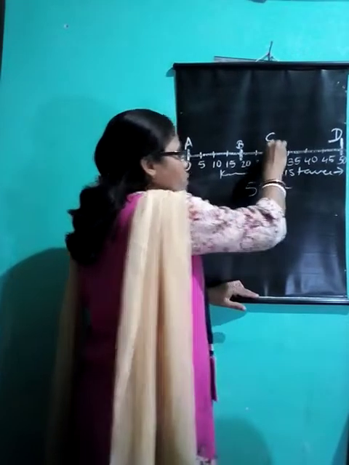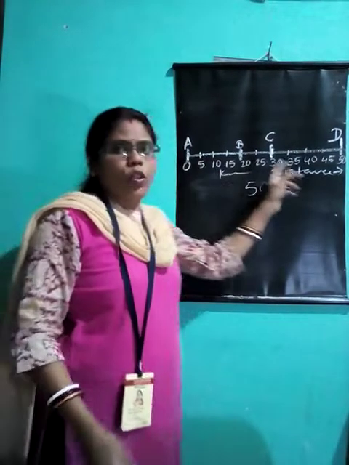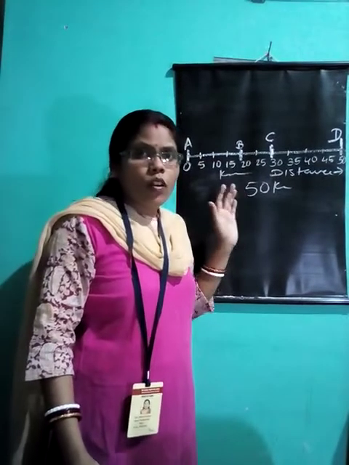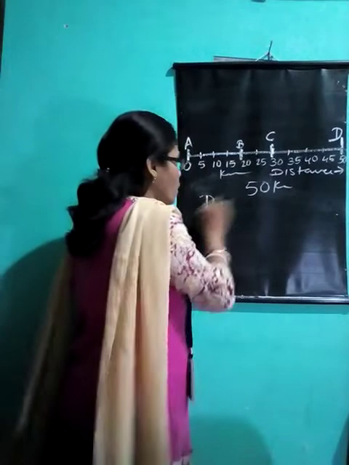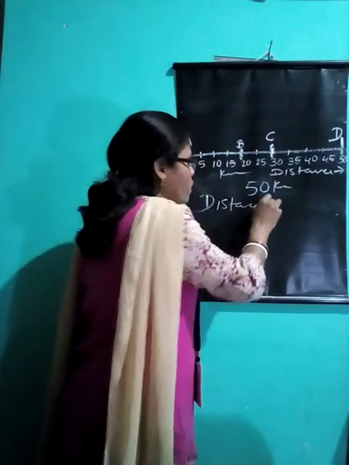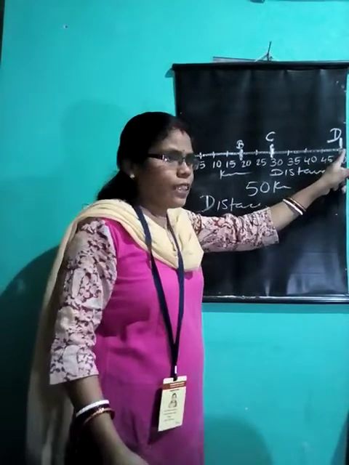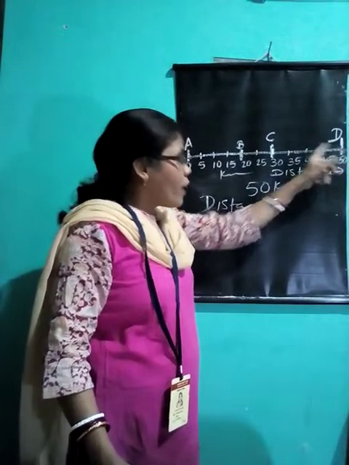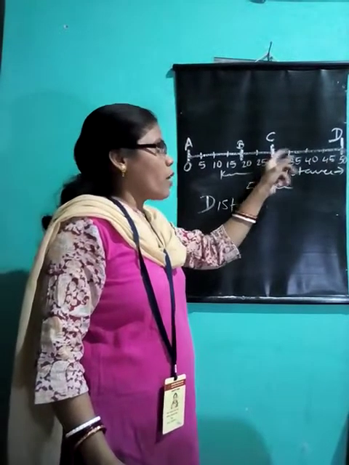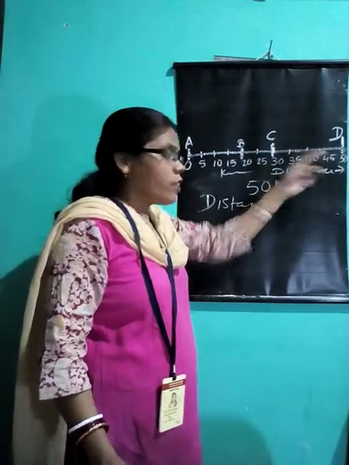When it has reached C, how many kilometers did it travel, or what is the distance? Distance traveled by this: started from A, reached C, D, and then again along the same path in the opposite direction.